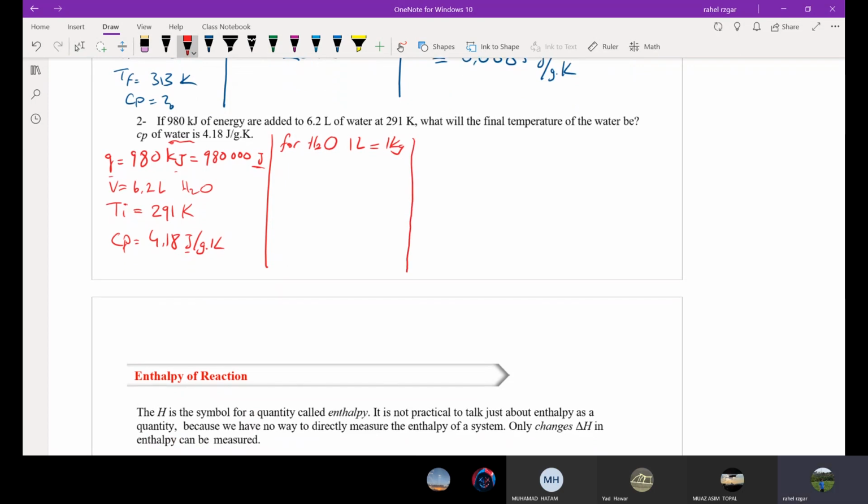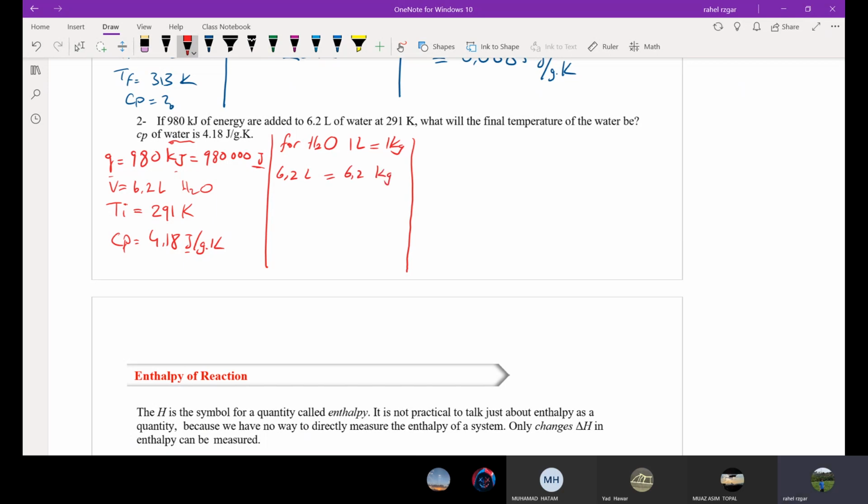The density is 1 gram for 1 milliliter, or 1 kilogram for 1 liter. That's why 6.2 liters is equal to 6.2 kilograms.